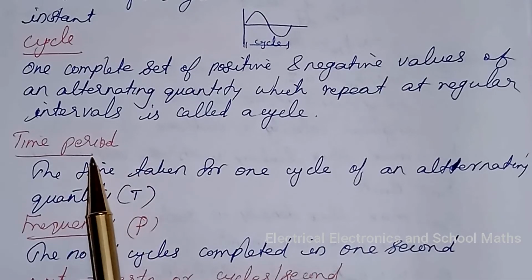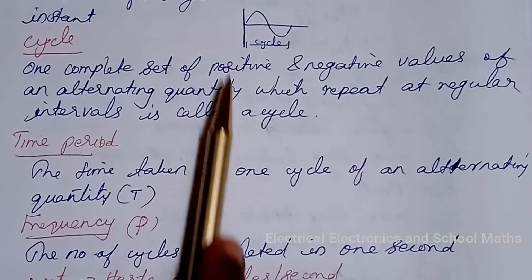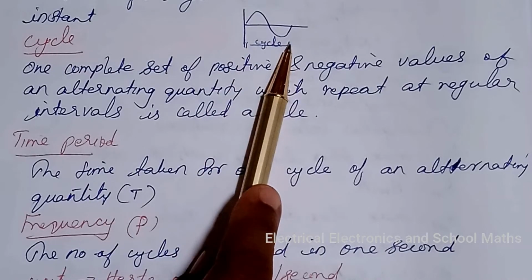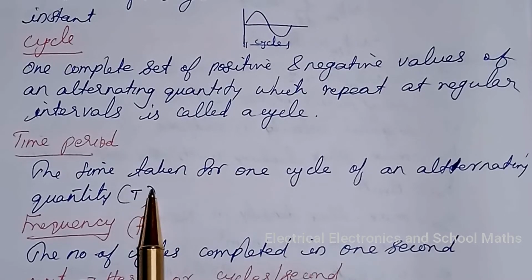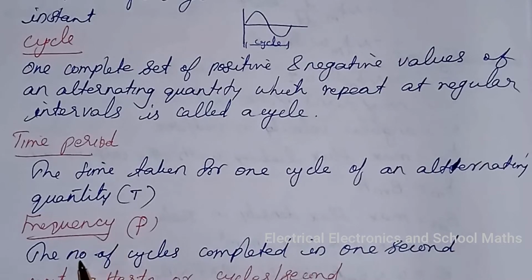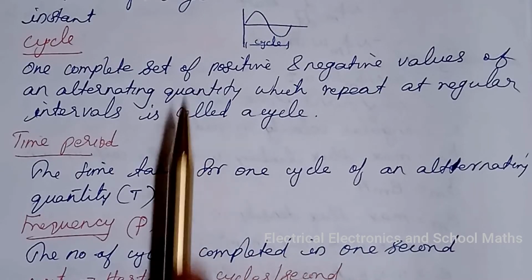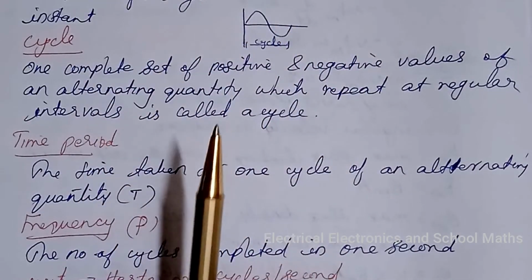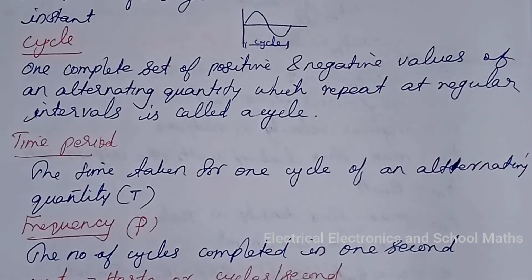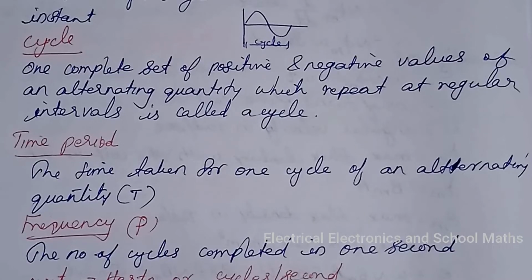Next term is time period. The time taken for one cycle of an alternating quantity is called time period. It is denoted by the capital letter T. Next term is frequency, denoted by the small letter f. The number of cycles completed in 1 second is called frequency and its unit is hertz or cycles per second.